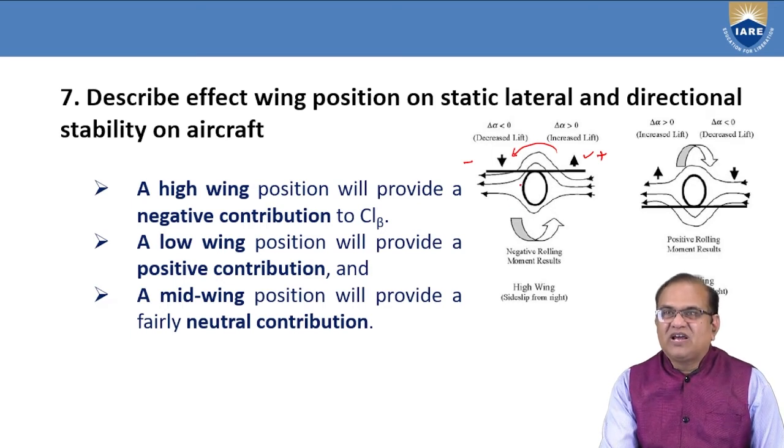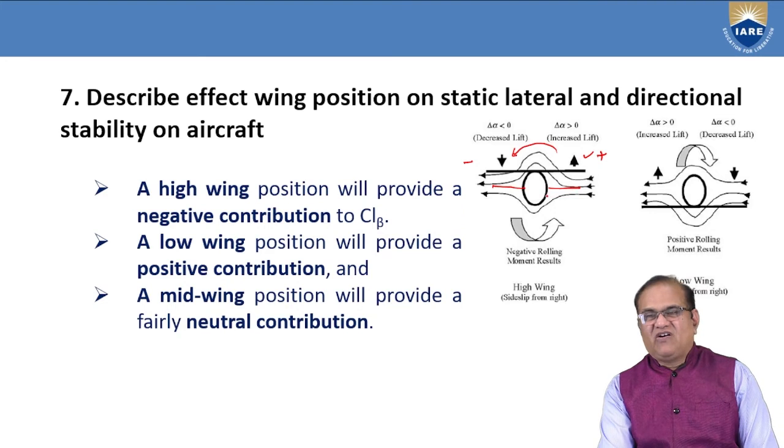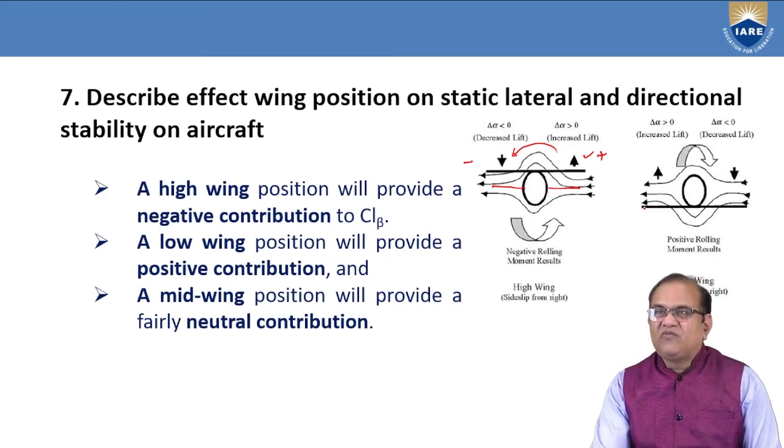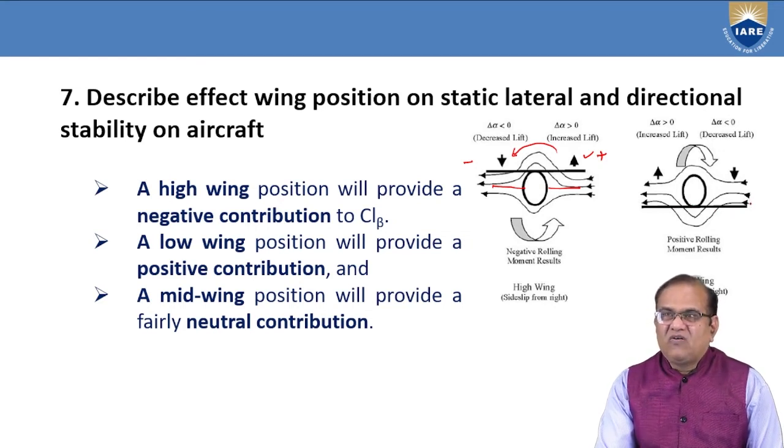If the wings are fitted at the mid section like this, there will not be any effect on lateral stability. But in another case, when the wing is at the bottom of the fuselage, fixed like this, what will happen? The right wing will experience a lower angle of attack. Here delta alpha is less, so it is decreased lift.